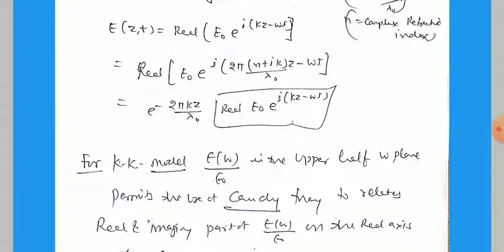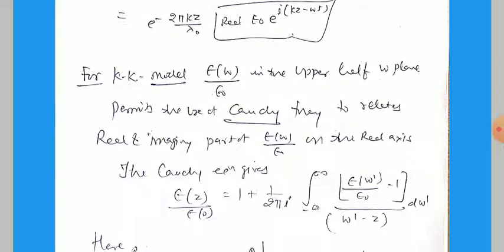So for the Kramers-Kronig model, we can say epsilon omega by epsilon 0 in the upper half omega plane permits the use of Cauchy's theorem to correlate the real and imaginary parts of epsilon omega by epsilon 0 on the real axis.